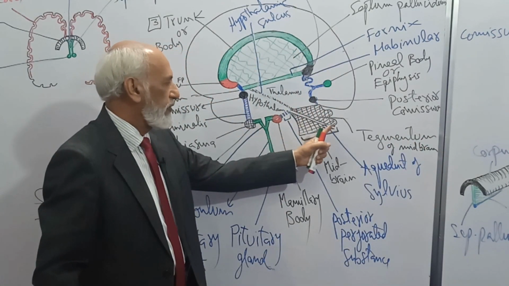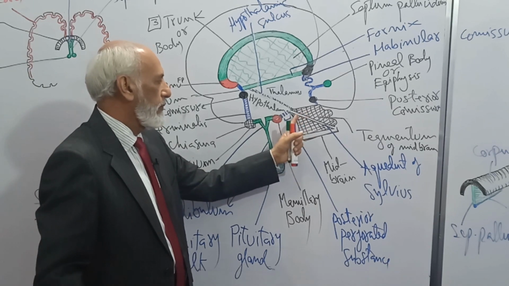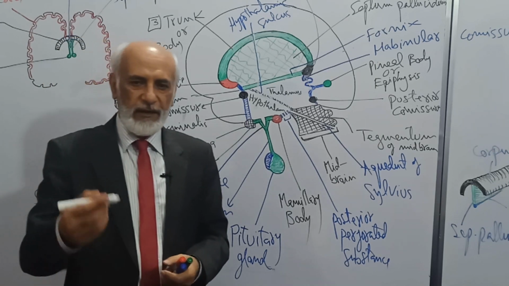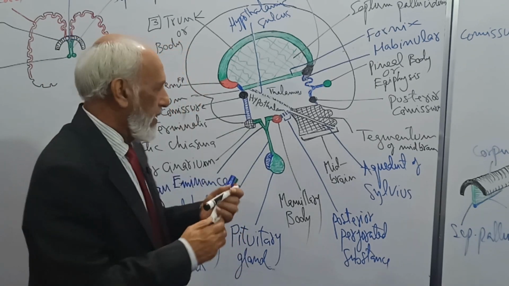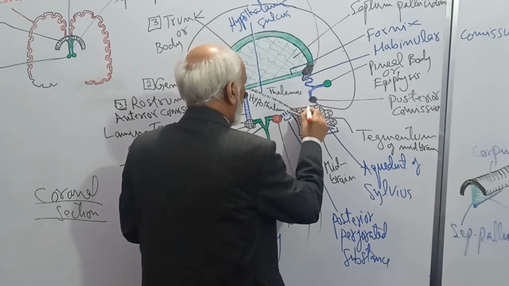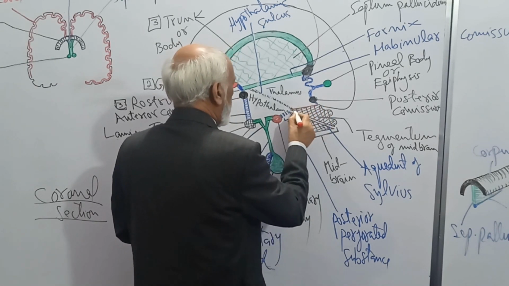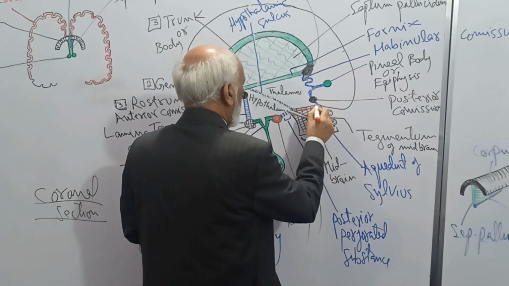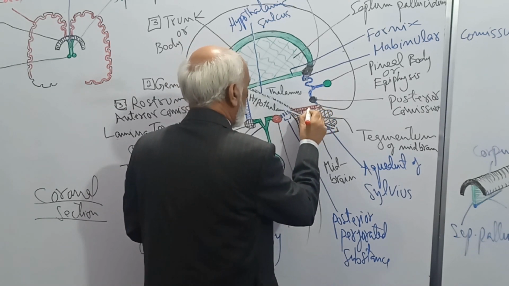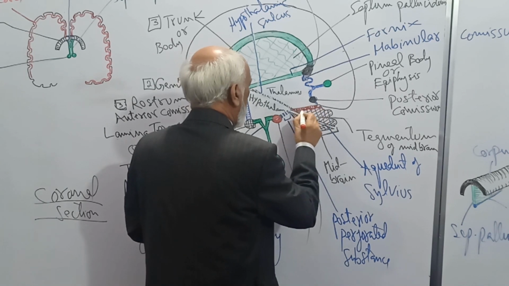This whole posterior part, posterior to the cerebral aqueduct, is the tegmentum of the midbrain. The upper part of the tegmentum, just below the floor of the third ventricle, is this one.